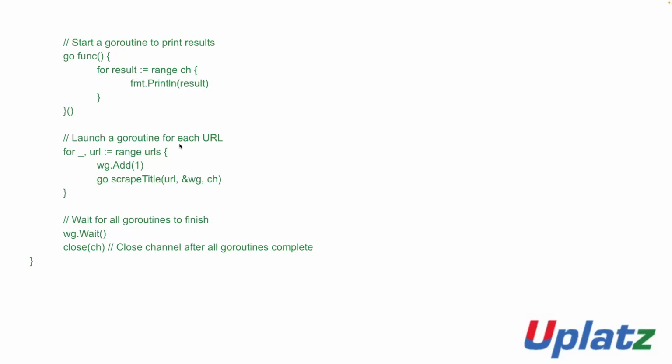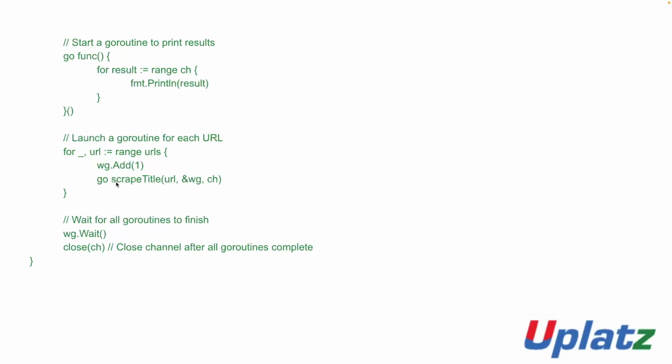Next, launch a goroutine for each URL. Now, for _, url := range urls. Then wg.Add(1). It adds something to the wait group, and then go.